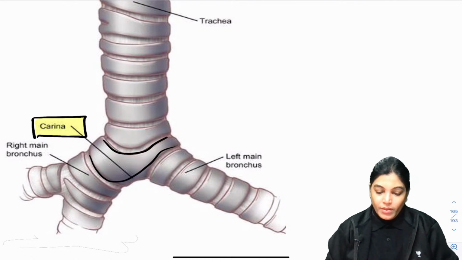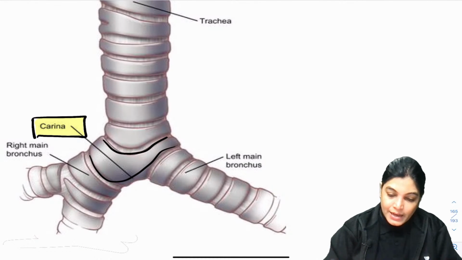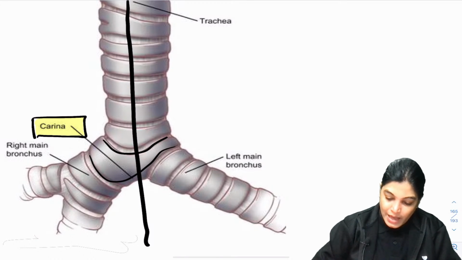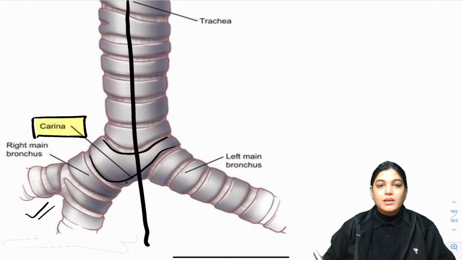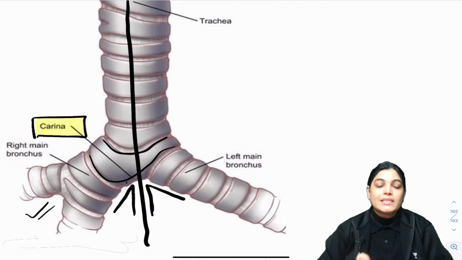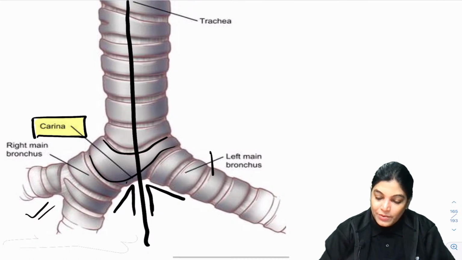If we draw a vertical line passing through here, you can see the angulation: the right principal bronchus is more vertical and more in line with the trachea, so its angulation is less, while the angulation is more in the left principal bronchus.